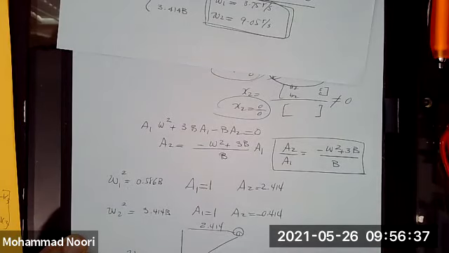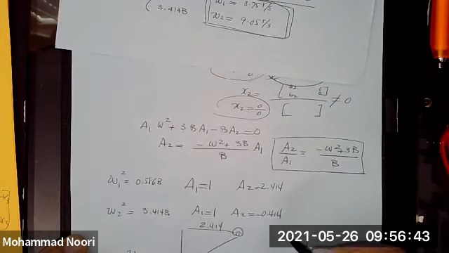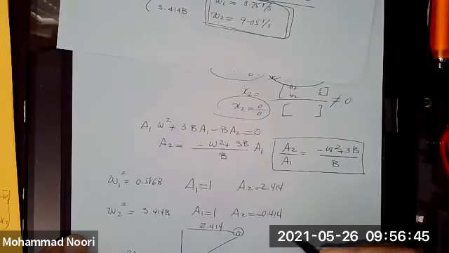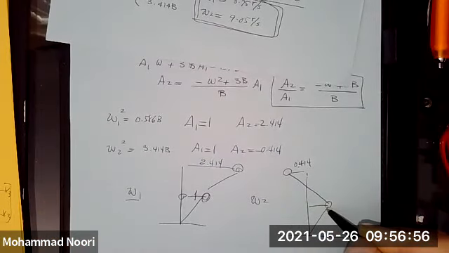For omega 2, if this mass moves 1 unit, the other mass moves in the opposite direction, 0.414 units. We call these mode shapes.